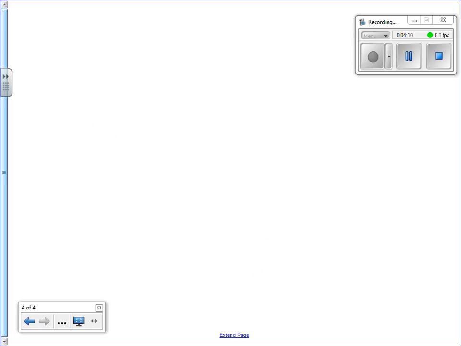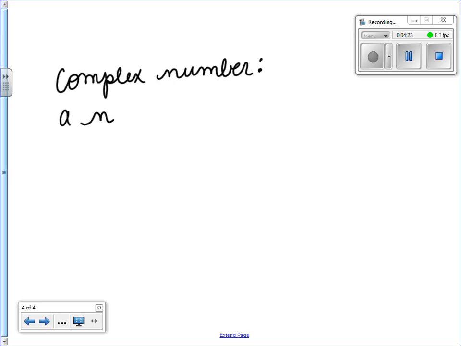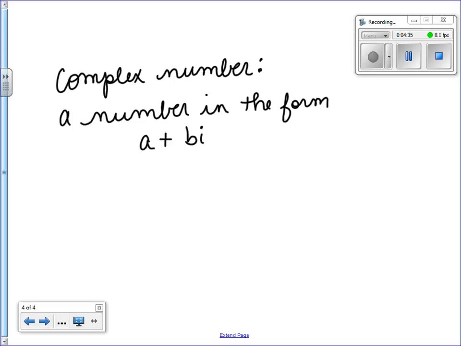Now, a complex number is a number in the form a plus bi, where a is the real part and bi is the imaginary part.